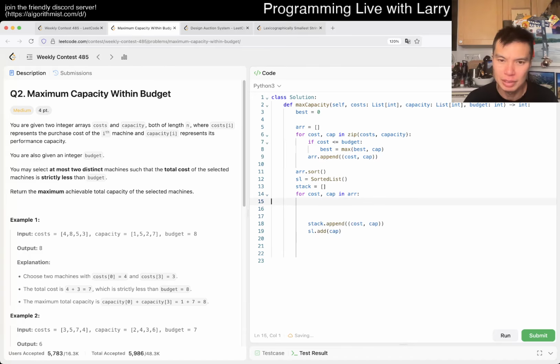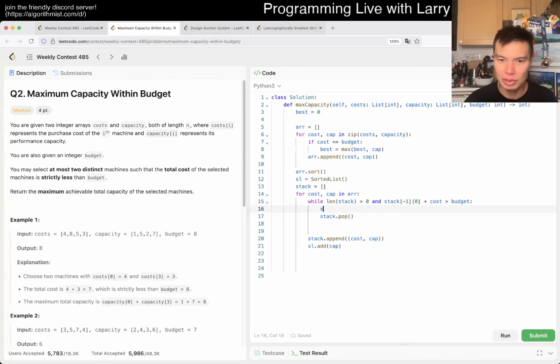Okay, but first we want to say: while the length of the stack is greater than 0, and for the top of the stack, if that cost plus this cost is greater than budget, then stack.pop.